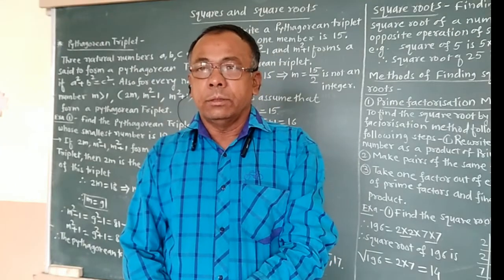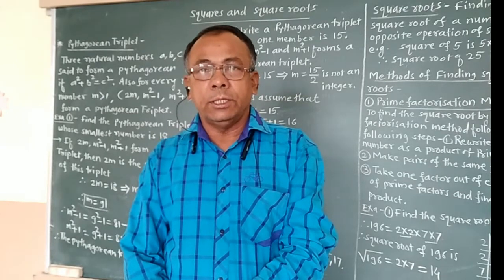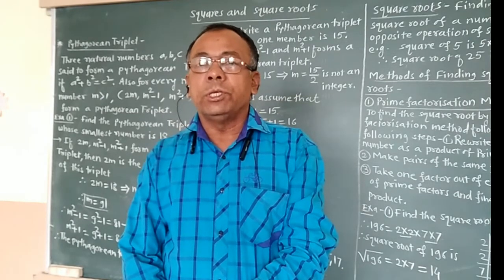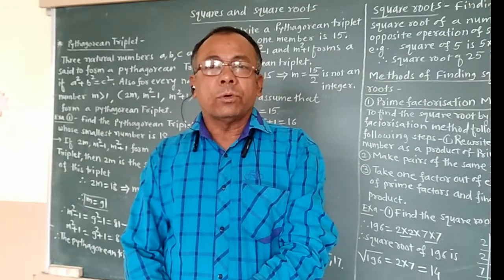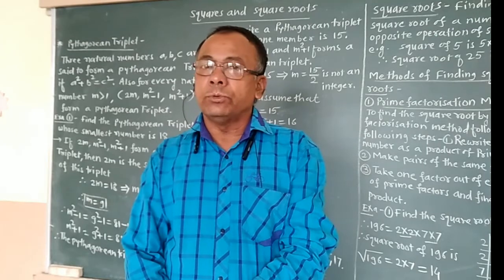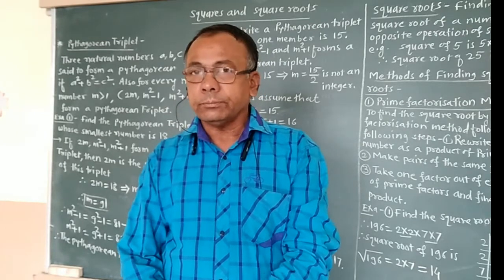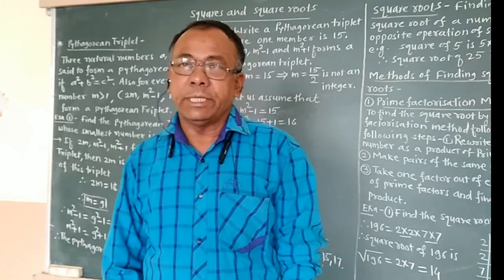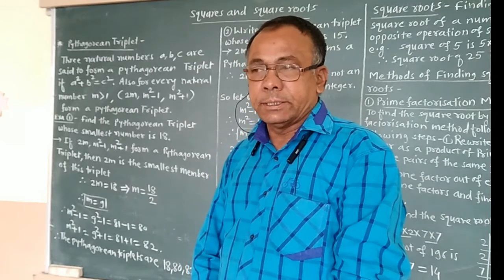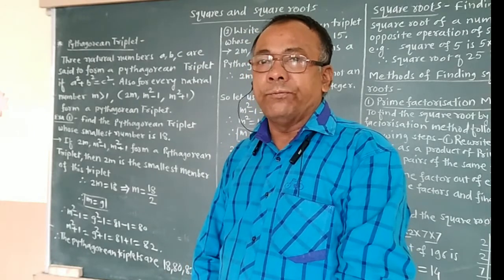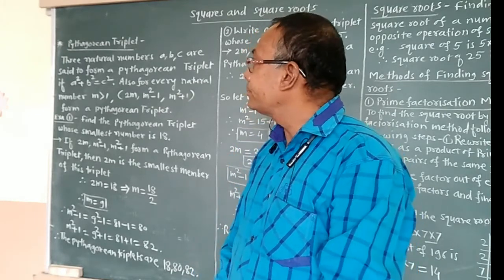We have seen what squares are and how to find the squares of a given number. Before going on to find the square roots of numbers, today we will see Pythagorean triplets and how to find a Pythagorean triplet.